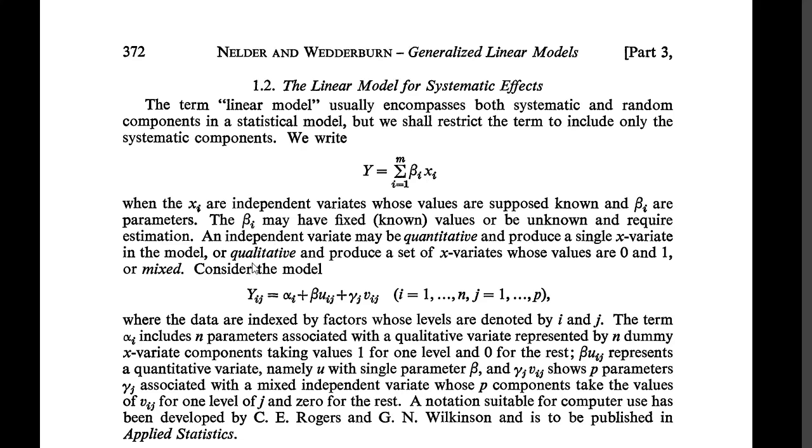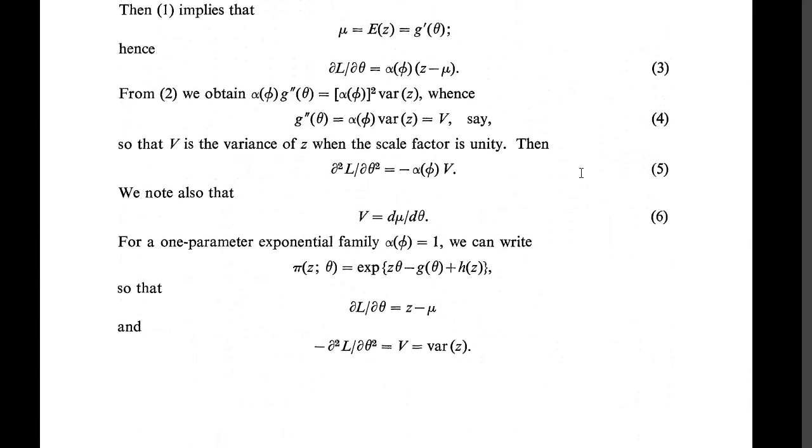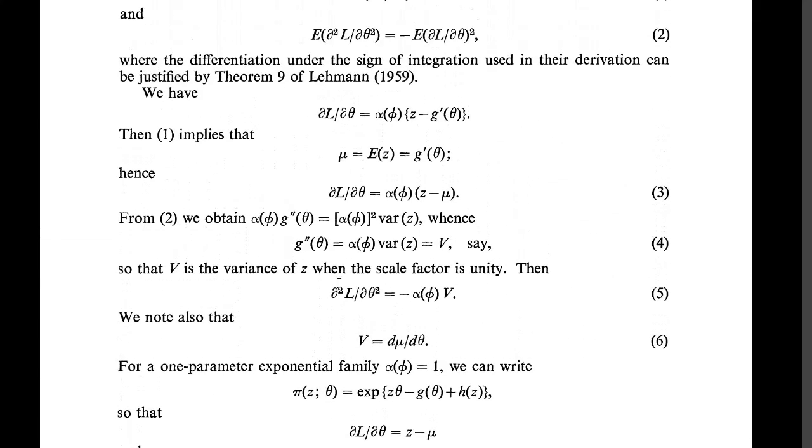Okay? Just while we're up here talking about what's random and what's not, v is the variance of the random variable times alpha of phi. So again, variance is not a random value, so not a random variable. Mu is the expected value of z. Okay, when you take the expected value twice, you're just taking the expected value of a constant.